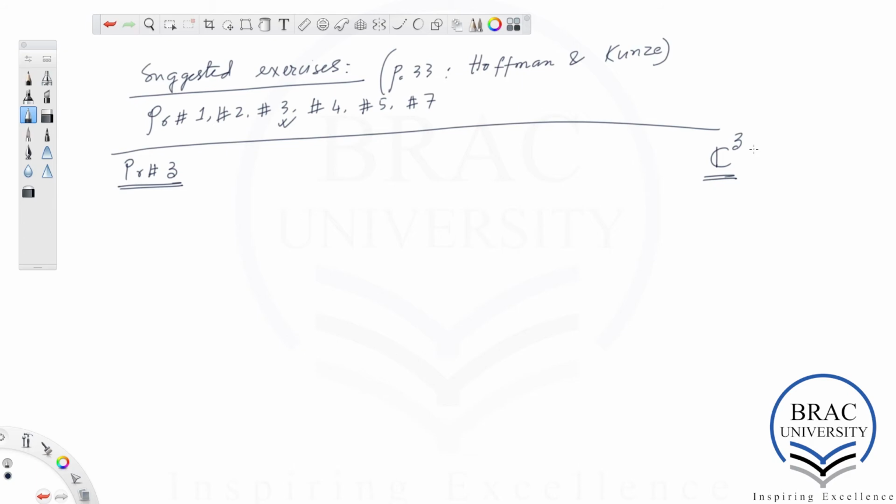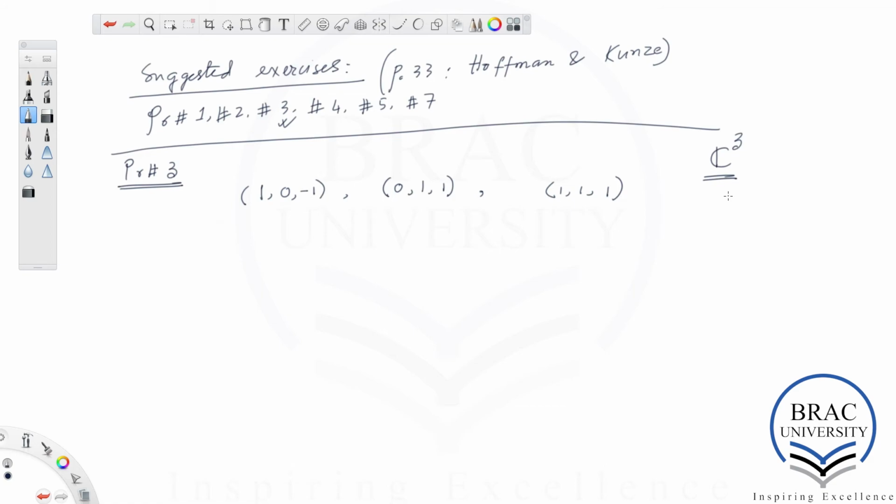C3 is the vector space, and I'm given 3 vectors: 1, 0, minus 1 in C3, 0, 1, 1, and 1, 1, 1. Okay, these 3 vectors are given in C3.